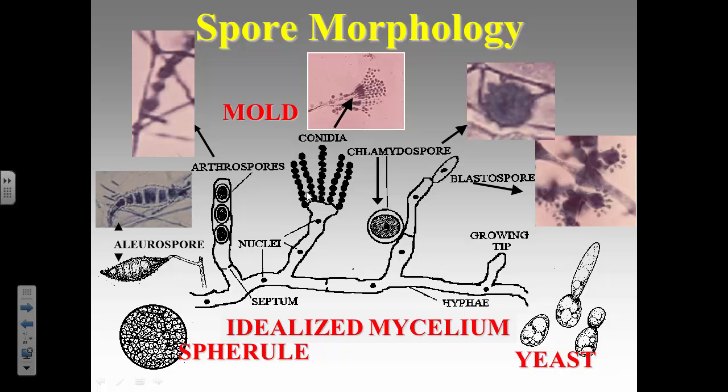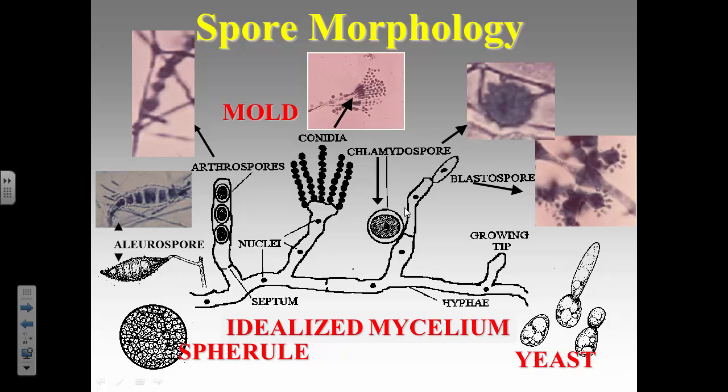Okay, chlamydospore means thick-walled, thick coat, if I'm not mistaken, and these are round, thick-walled spores, and we'll see those when we look at Candida. We'll see those again when we look at histoplasmosis. Here is a chlamydospore, a thick-walled, big round spore.